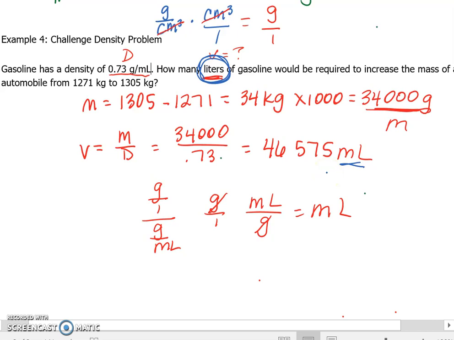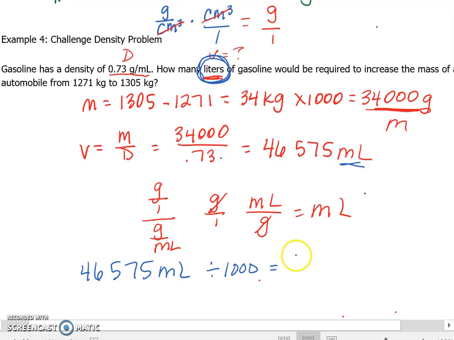Still one more step. So for those of you who don't remember, there are 1,000 milliliters in 1 liter. And so in order to get my final answer, I would want to take my 46,575 milliliters, and this time I want to divide by 1,000 in order to get my answer in liters.